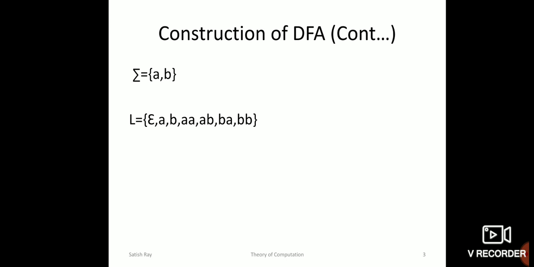For this, we will try to draw a skeleton of a DFA that can accept a string of maximum length belonging to this language, that is 2. So we are taking the first input string AA for this DFA.